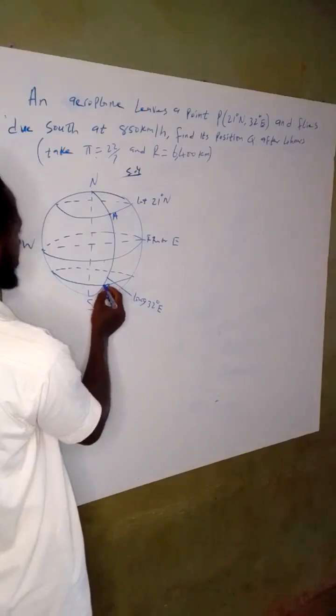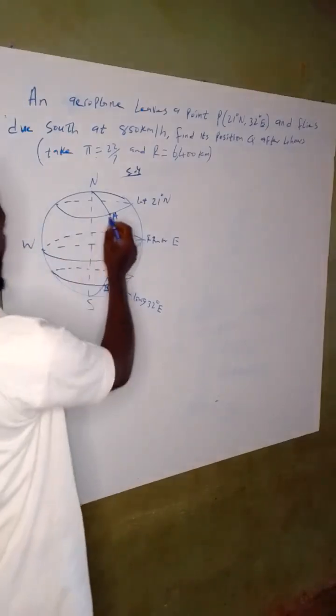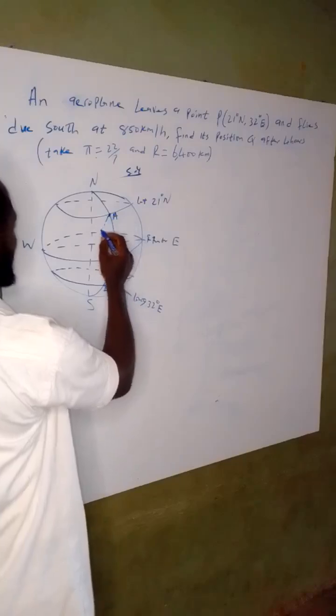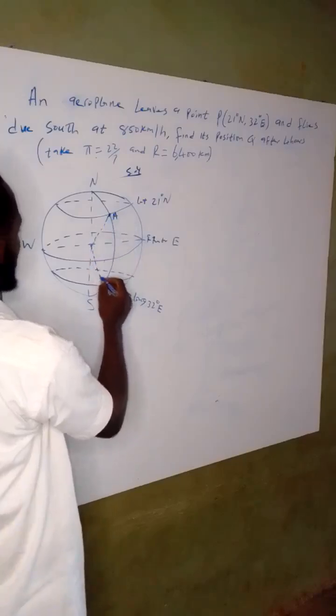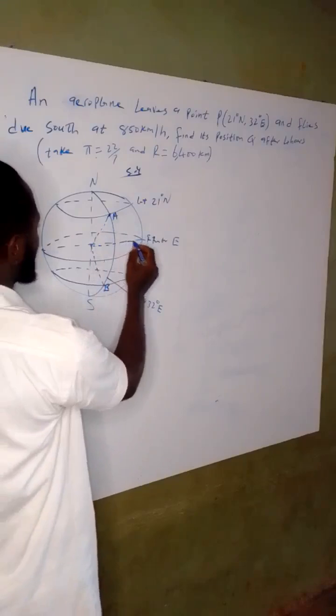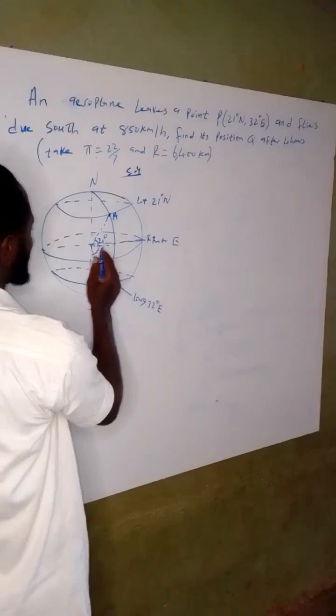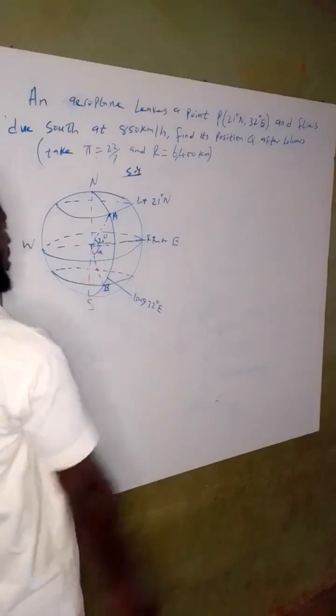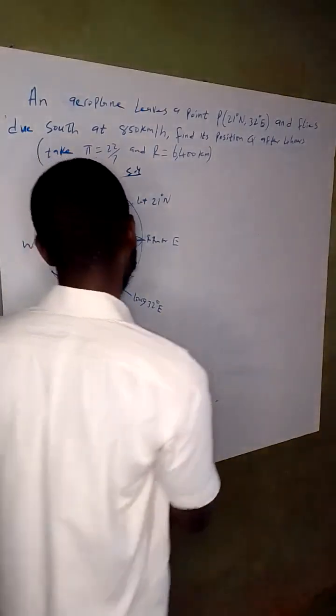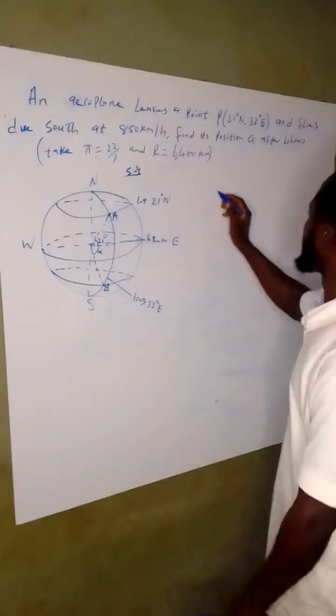If this is B and this is A, then we have this to the center of the earth. This is at 0, this is 21 degrees, but we don't know this one. Let's call that place alpha, because we don't know it. So for the layman, we have something like this.